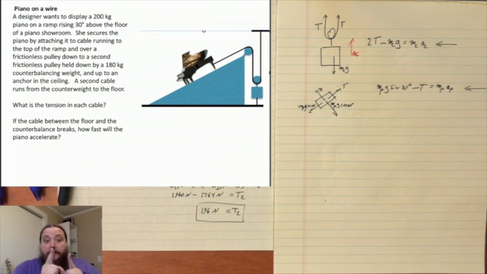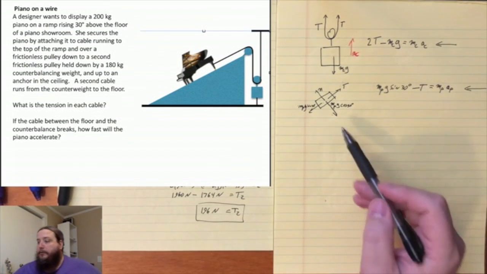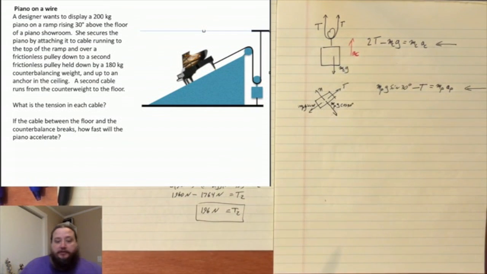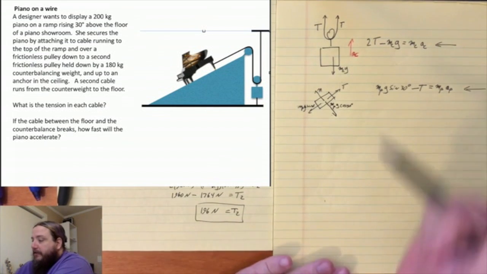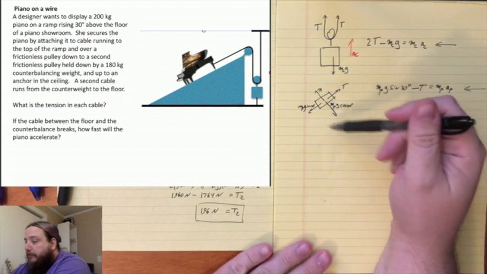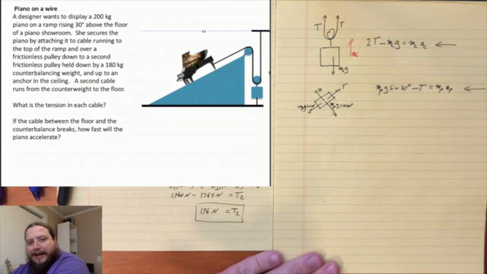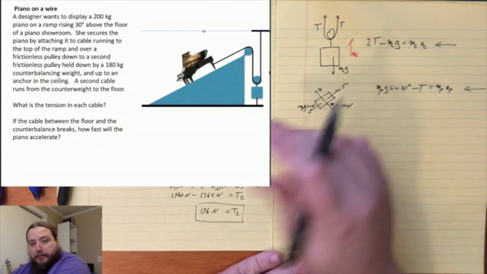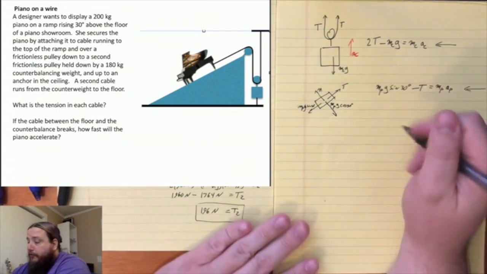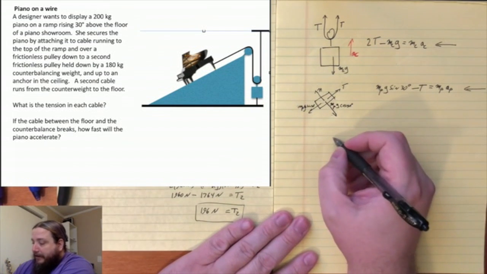To understand why that is, we have to relate the motions of the counterweight to the motion of the piano. And this is the bit that I wanted to redo this problem for, because we didn't really work through one of these where we had to pay attention to the relative motion of two of these things in an Atwood's machine problem like this.